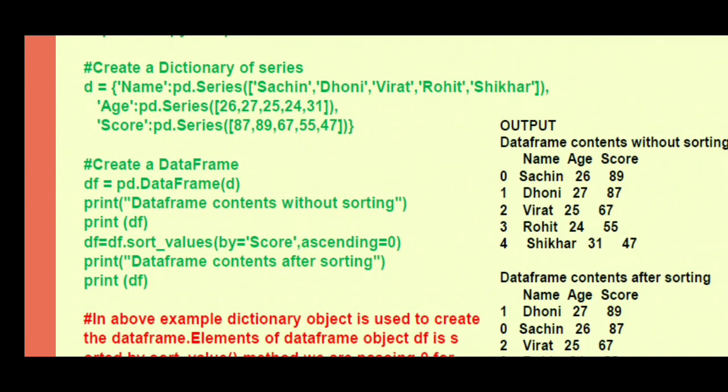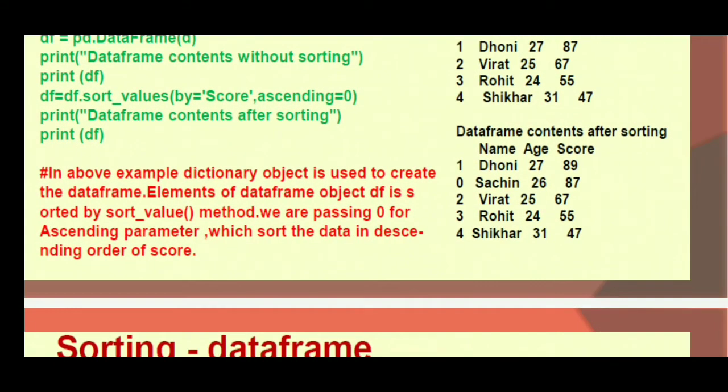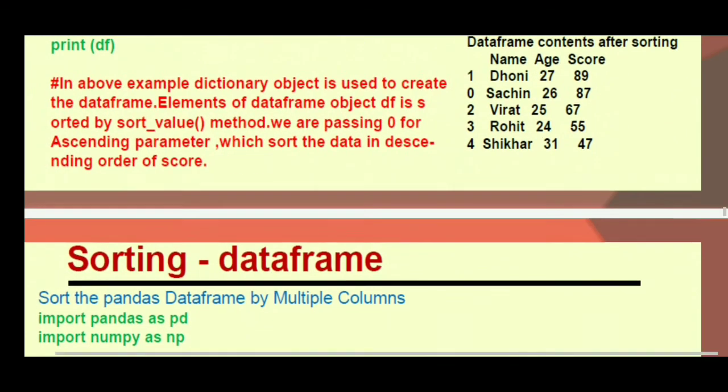That's why we have written ascending=0. Let us see the output. First it was Sachin, Dhoni, Virat, Rohit and Shikhar. Next, a dictionary object is used to create the data frame, and df is sorted by the sort_values method passing 0 for the ascending parameter.